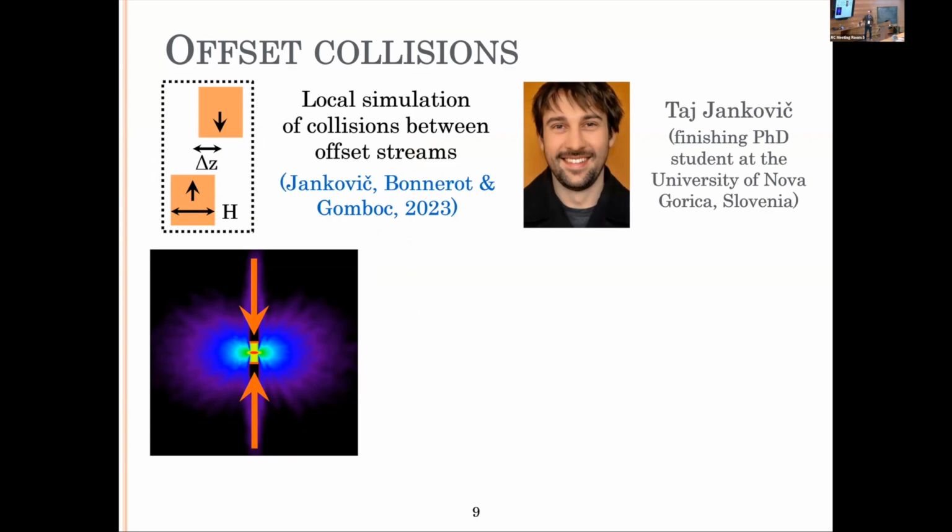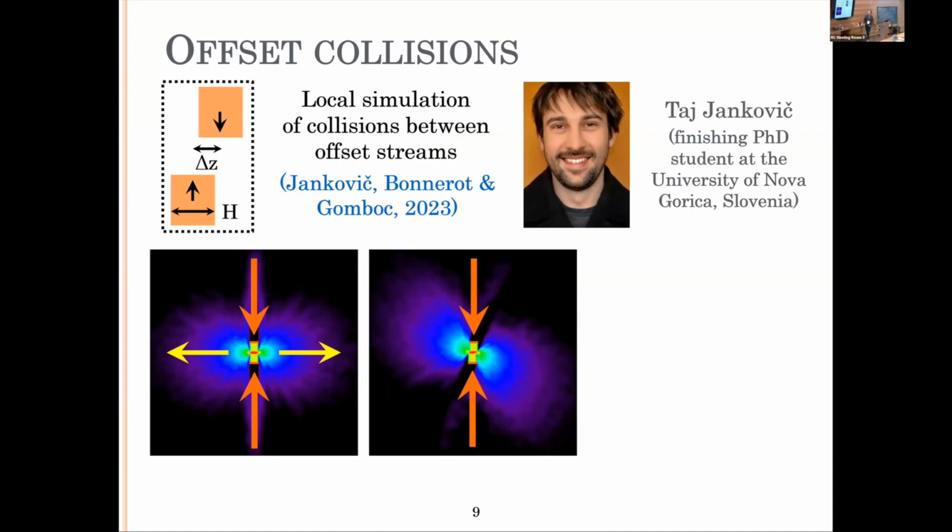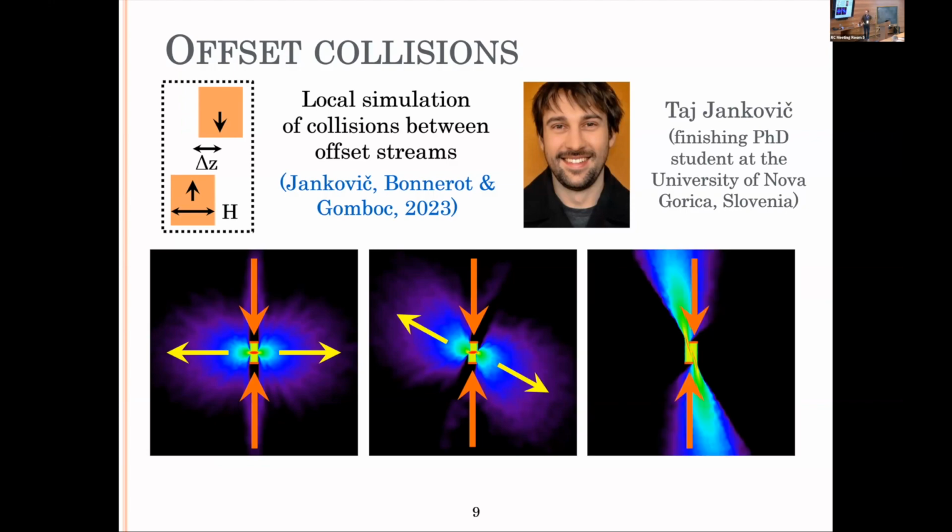So there's no offset, and the outflow is roughly symmetrical with respect to the equatorial plane. But if the collision is slightly more offset, delta z not 0 but still small compared to h, the outflow is slightly less symmetrical. And in a more extreme case, where delta z is a significant fraction of h, the outflows are really qualitatively different. They are actually collimated in the direction of the original stream.